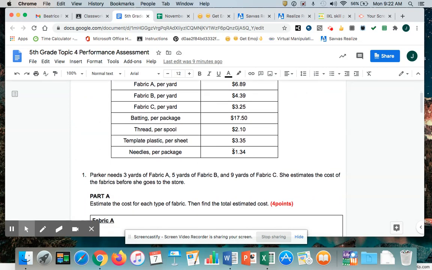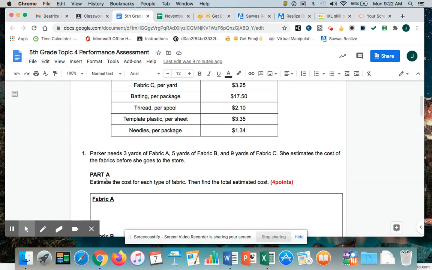Number one, Parker needs 3 yards of fabric A, 5 yards of fabric B, and 9 yards of fabric C. She estimates the cost of the fabrics before she goes to the store. Make sure you have your pencil and notebook next to you because you're going to need it in order to complete these calculations. You're not just going to be able to do this in your head and get the right answer. Okay?